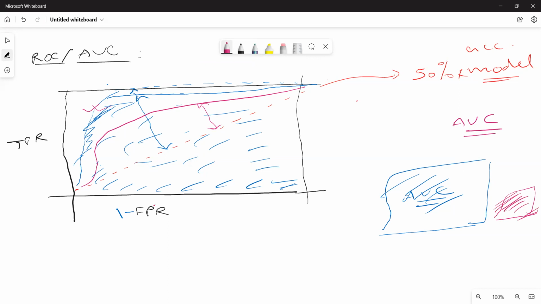So this is not that accurate, whereas this is highly accurate. This is known as the area under the curve, and the graph is known as the ROC curve.